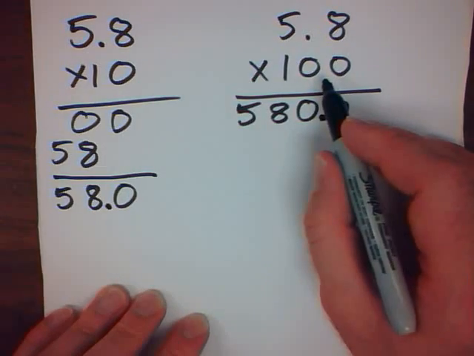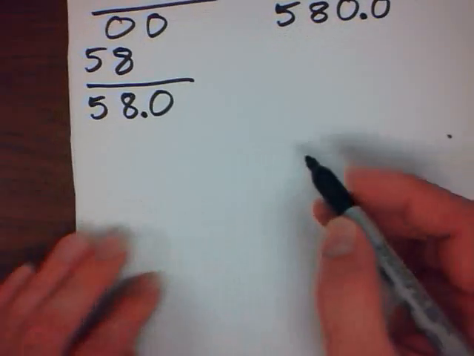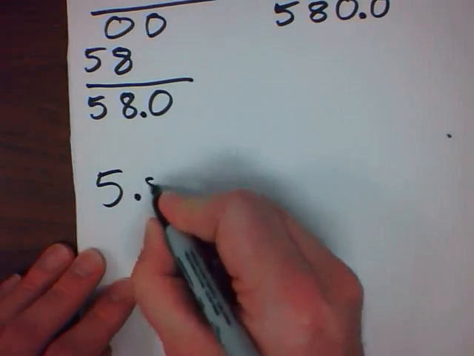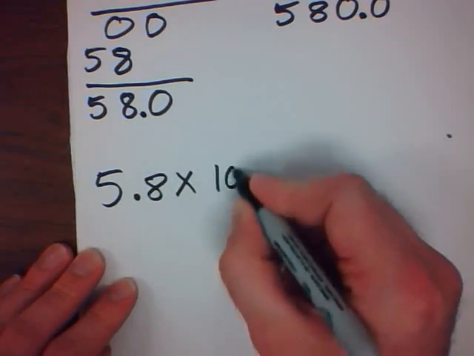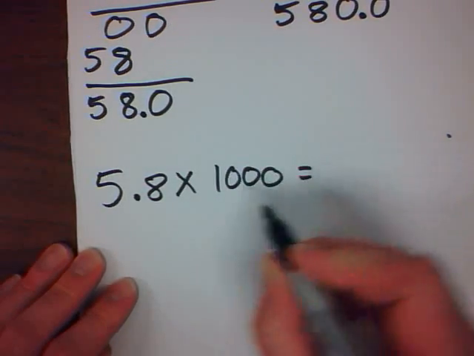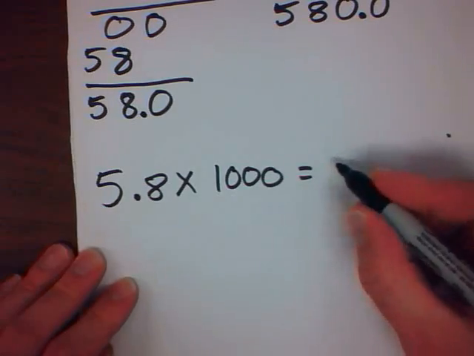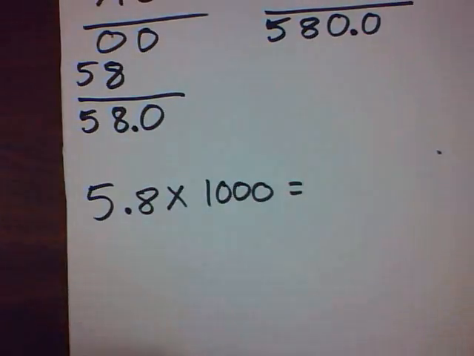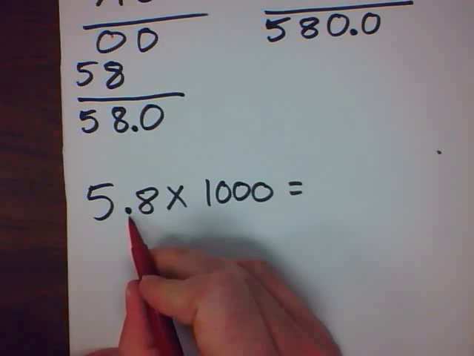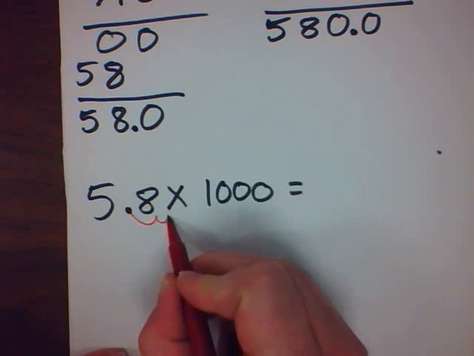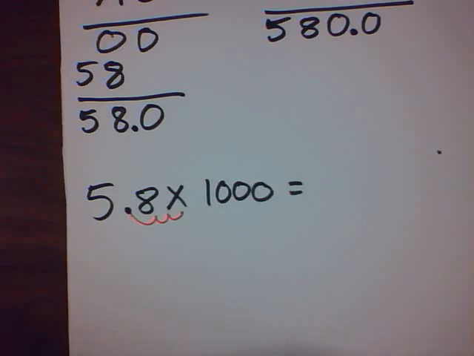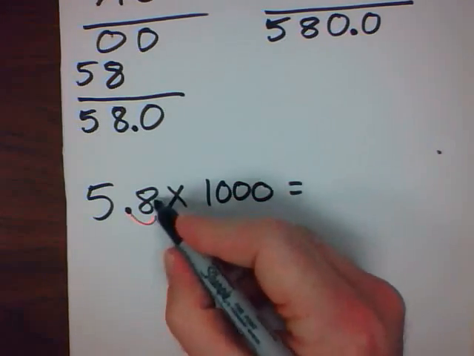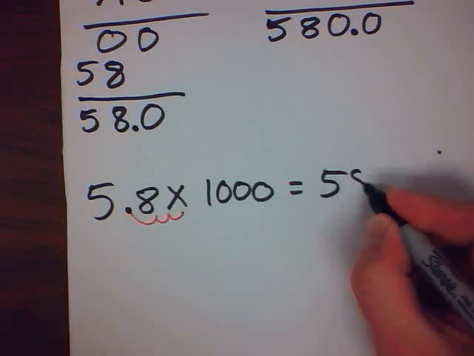This pattern continues if I go into the thousands. So I can know that if I do 5.8 times 1,000, I'm going to increase the place value by 3 spaces. So rather than sitting there and doing all of this calculation, I can simply go 5.8 and it's going to go 1, 2, 3 spaces over, and I'm going to have to fill those spaces in with place value holders.